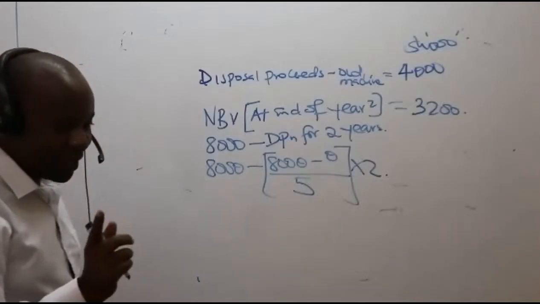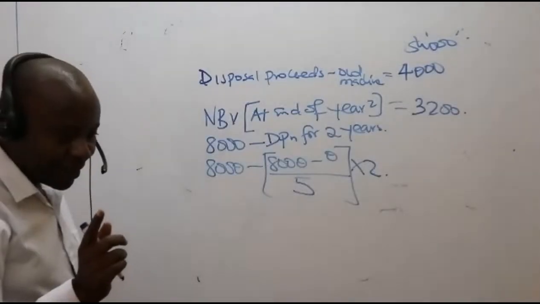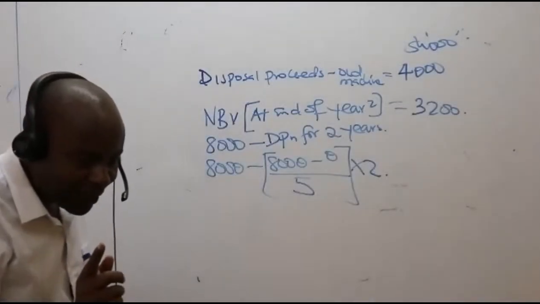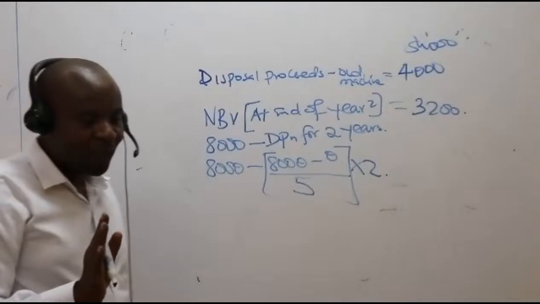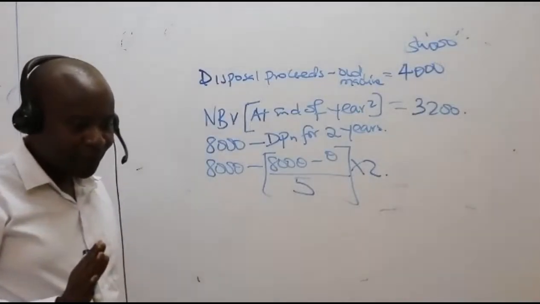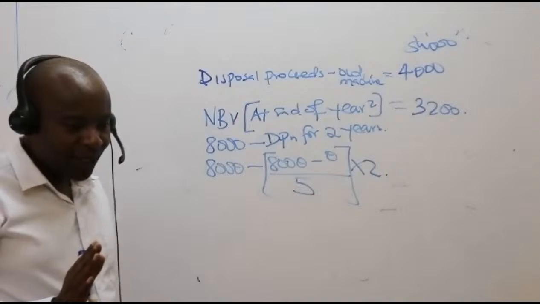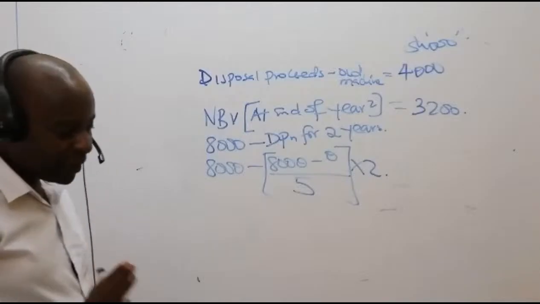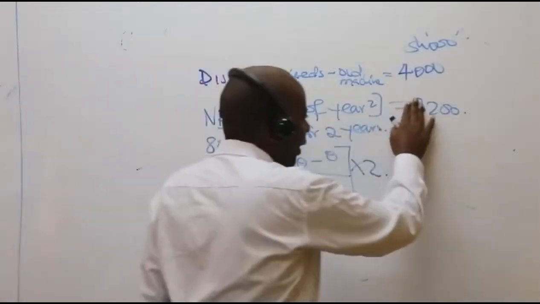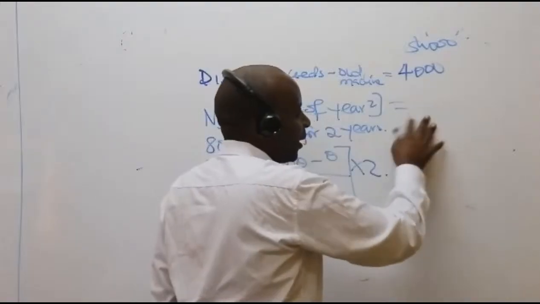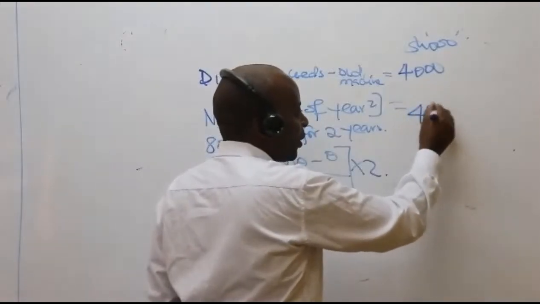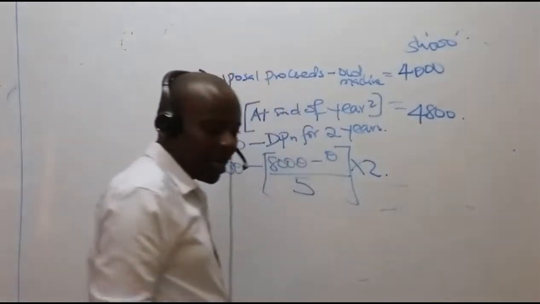So this 3,200, ladies and gentlemen, I can see in this case here, they've made a profit, right? No, they're saying no. They're saying it's 4,800. I was wondering, because it's rare for me to get a question where they're making a profit.